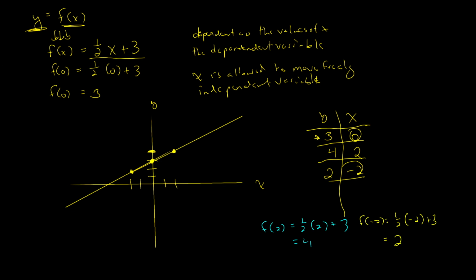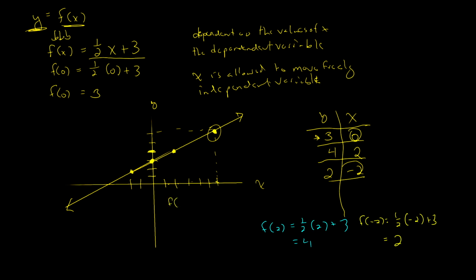I get this line. In fact, this function is the graph of a line, and any point on this line, this point here, is what happens when we put 6 in there.